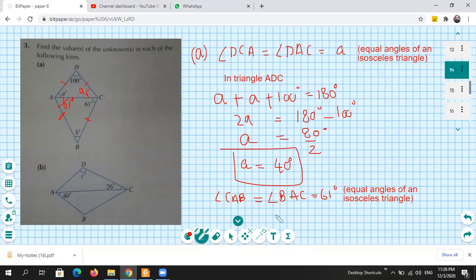Now we are going to apply the sum of angles on the triangle. The first angle is B, second one is 61, and third one is also 61, equal to 180 degrees. So B will be equal to 61 plus 61, 122. So B equal to 180 degrees minus 122. So finally we get B is equal to 58 degrees.